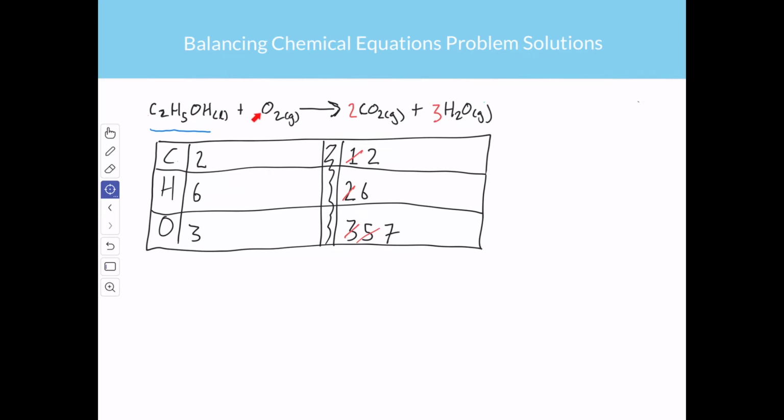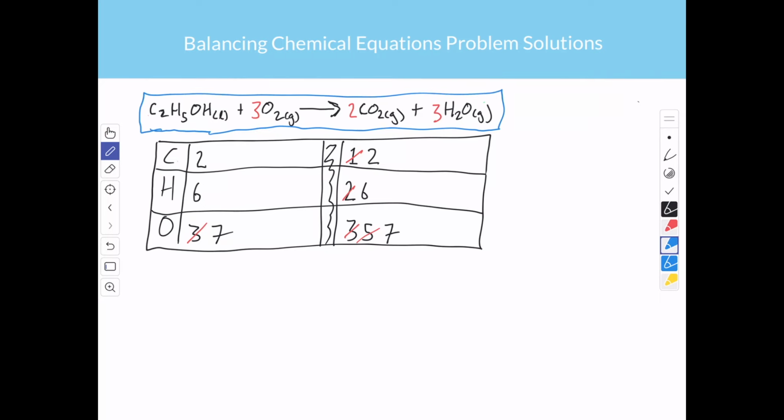Because what we can do is if we put a 3 in front of our oxygen here, that gives us 3 times 2 is 6, plus the 1 here is 7. So it actually works out perfectly for us. So we do that, and that gives us our 7 oxygens, and we are balanced. Not so bad. And that's it.